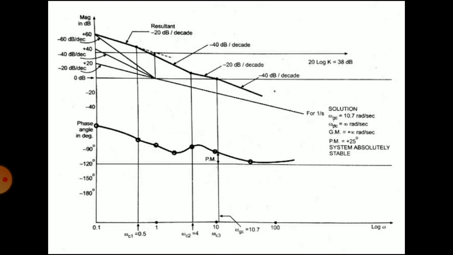At the top, the resultant will be minus 20 dB per decade. That line is drawn.